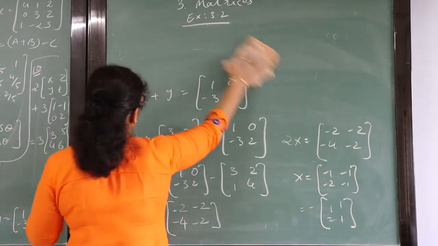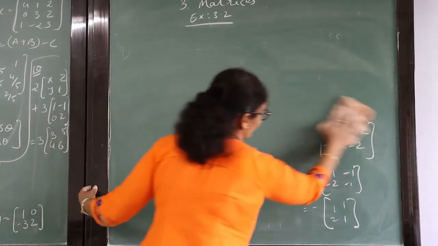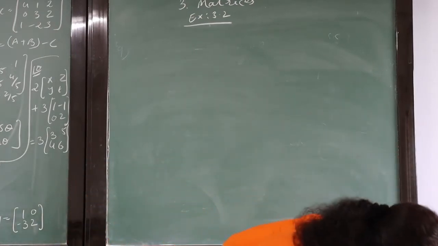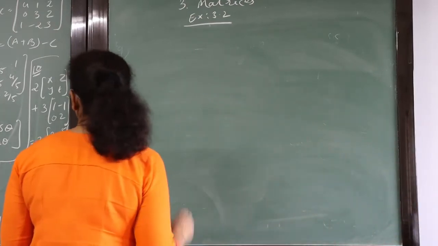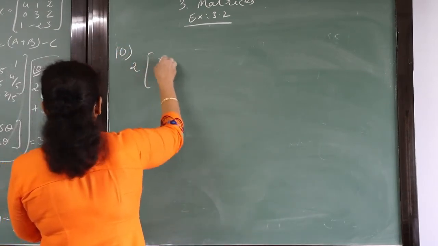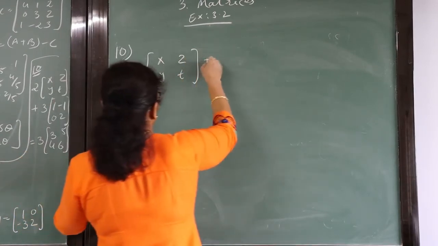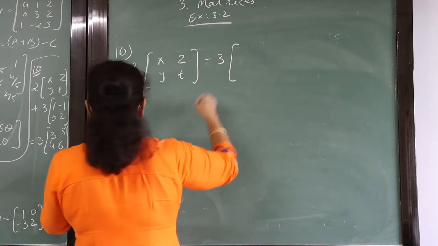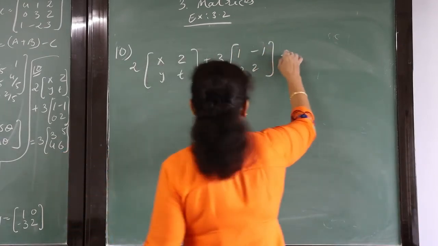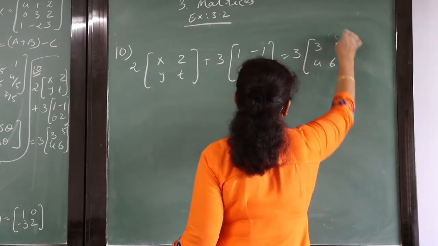Let's see the next question. Here we are given 4 unknown numbers x, y, z and t. Same way, a matrix, a second matrix is given like this, and it's equal to this matrix.